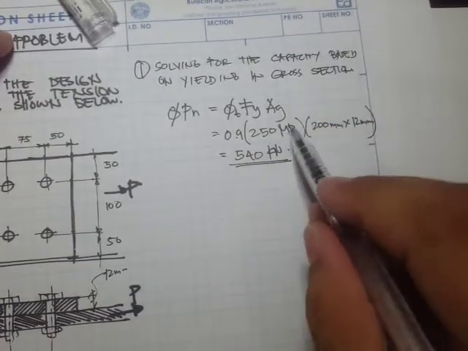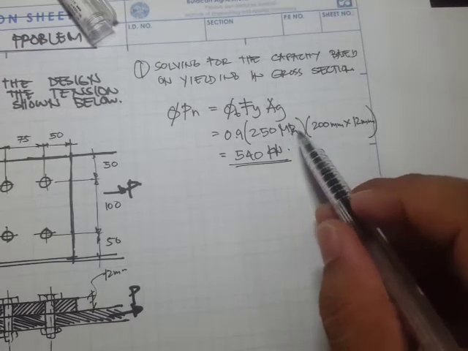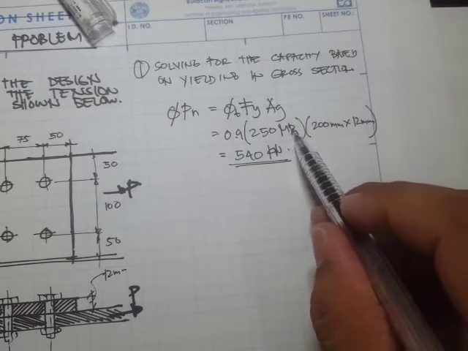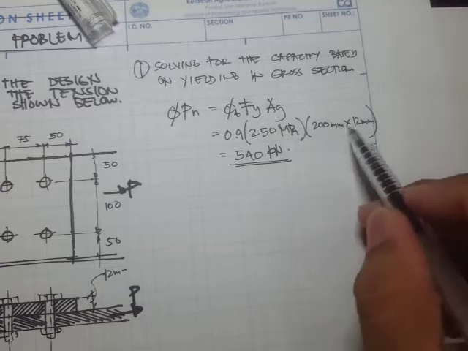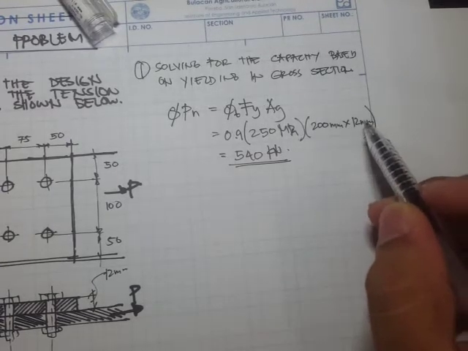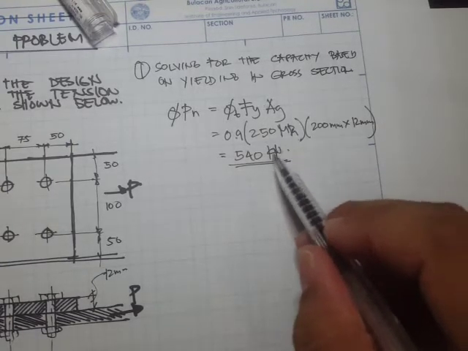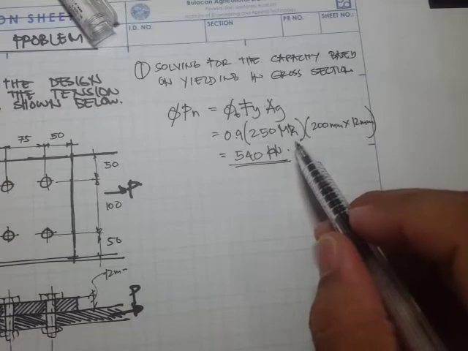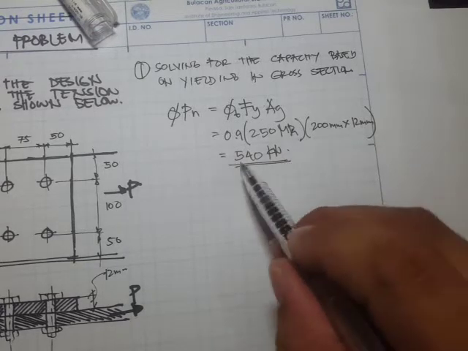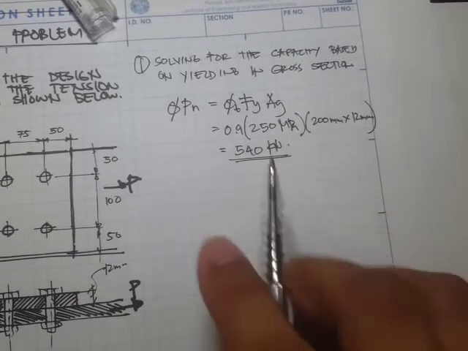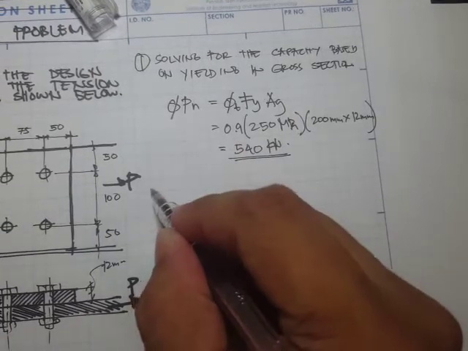By the way, megapascals is newton per mm squared; you multiply that by mm squared and then divide by 1000 to convert to kilonewtons, and you get 540 kilonewtons.